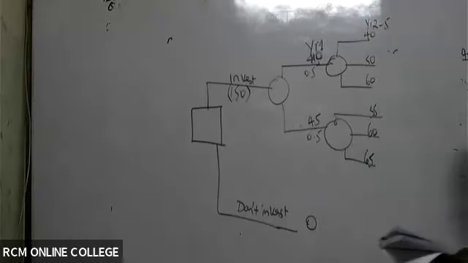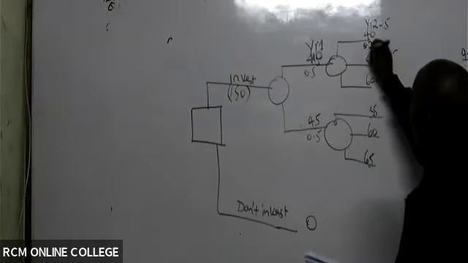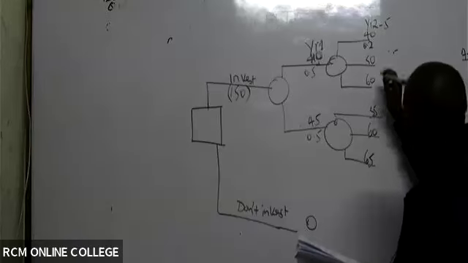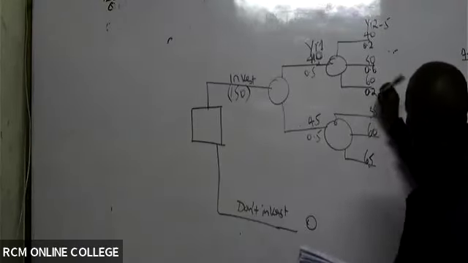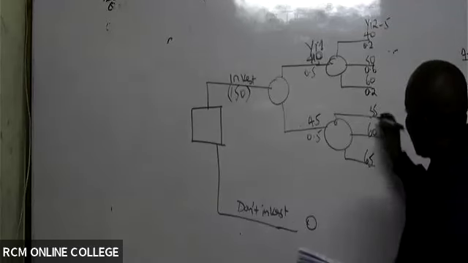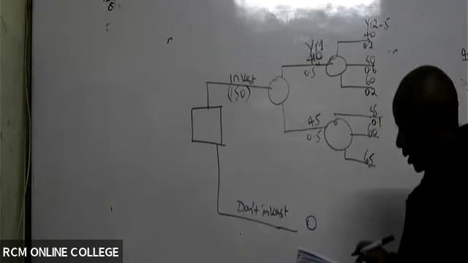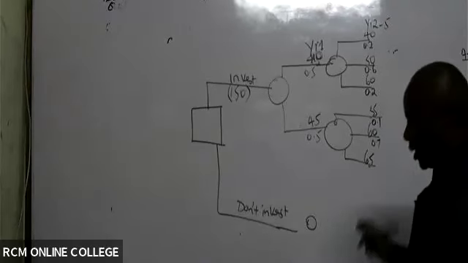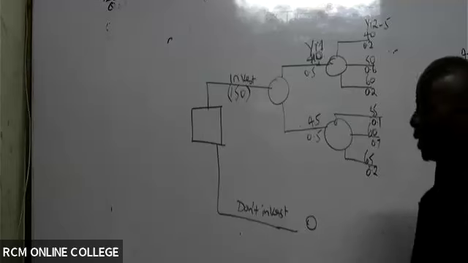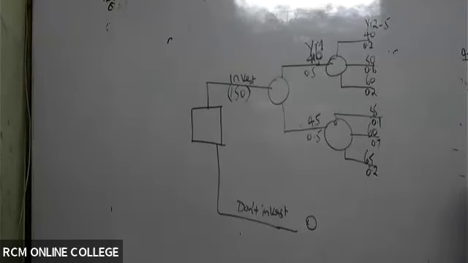They have given me the probabilities there: 0.20, then 0.60, then 0.20. Here we have 0.1, then 0.7, and lastly 0.2.